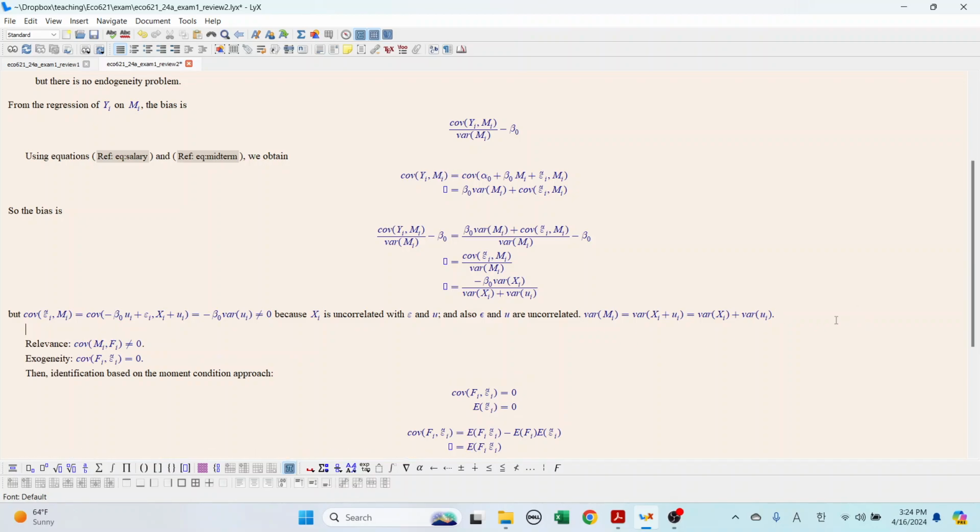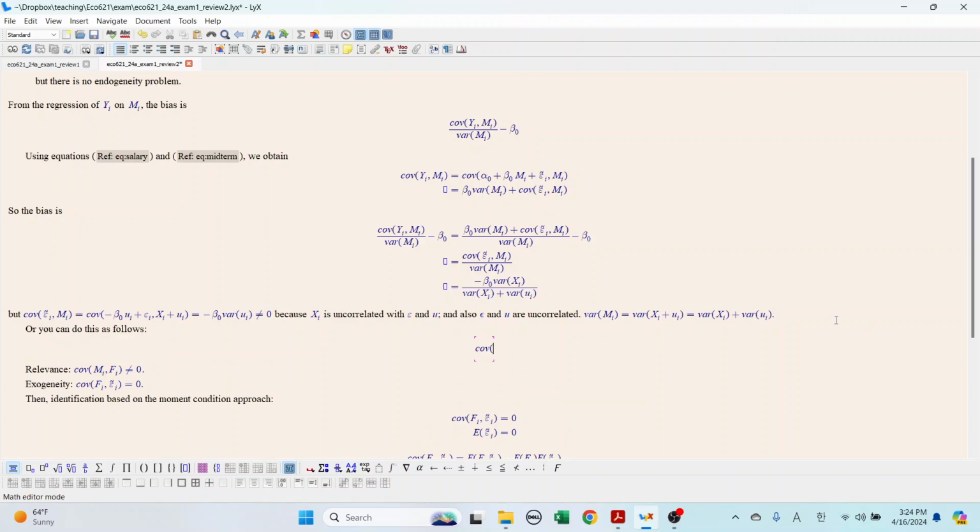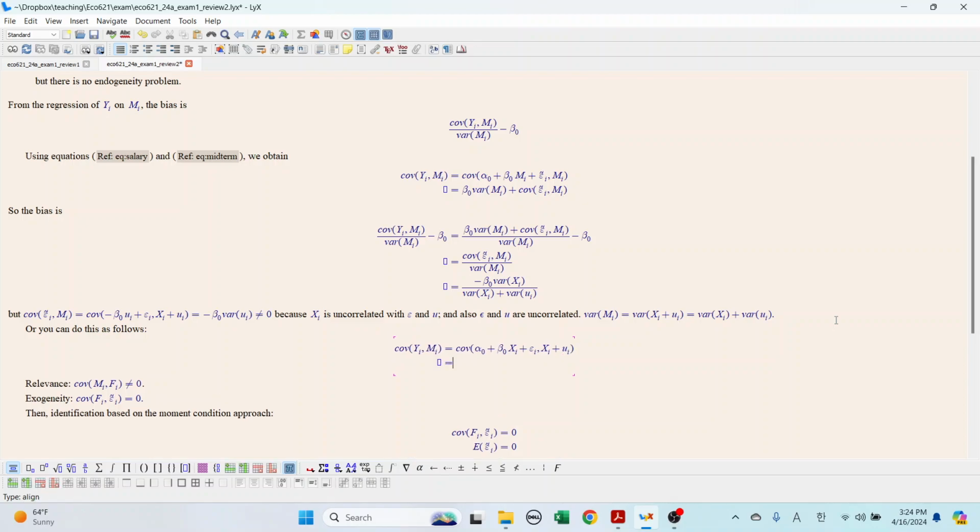Or you can do this: covariance of y and m will be calculated directly from equation 1. Yeah, this is a better approach. This is what I could do because I'm recording it twice, right?